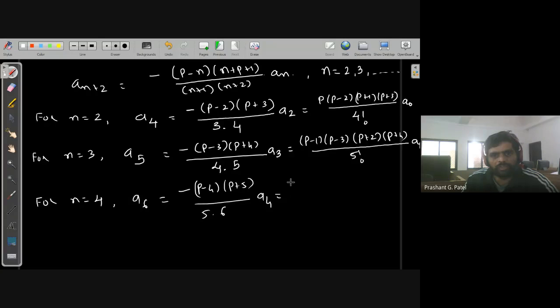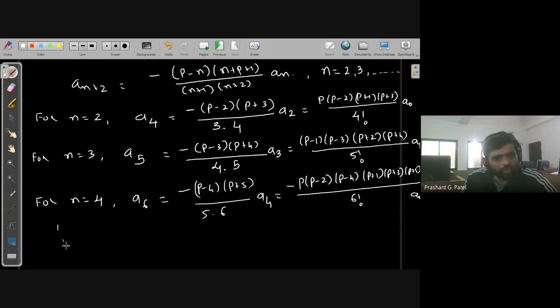So this will give you minus p into (p minus 2)(p minus 4)(p plus 1)(p plus 3)(p plus 5) upon 6 factorial into a0, and so on. You can have further values, and you can substitute all these values into the power series.